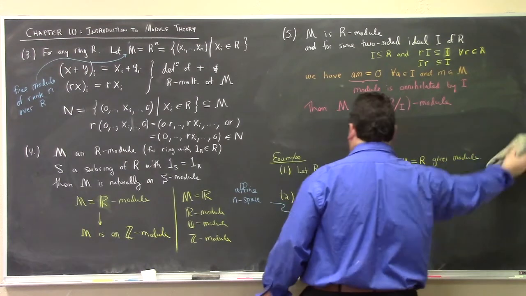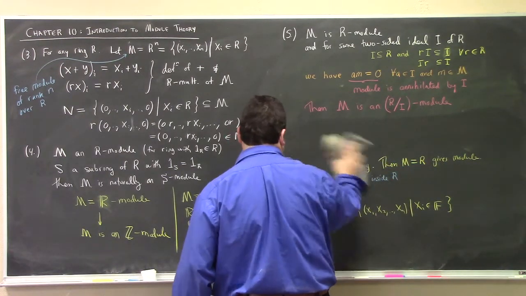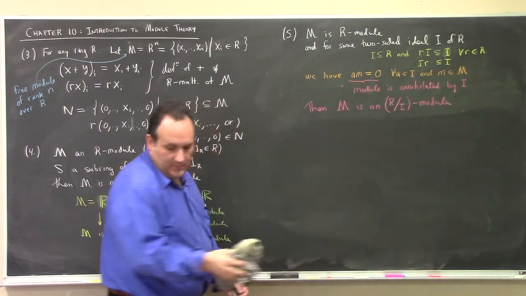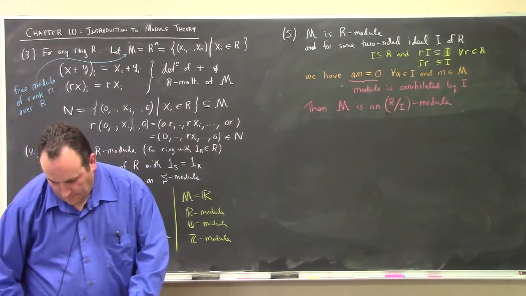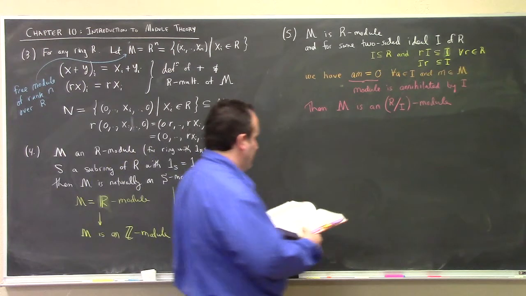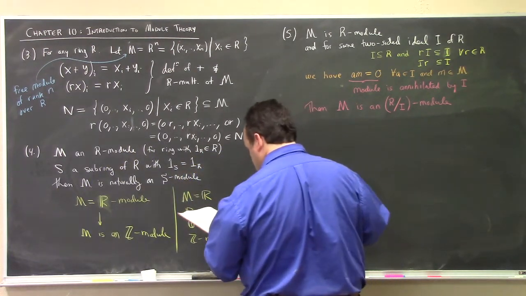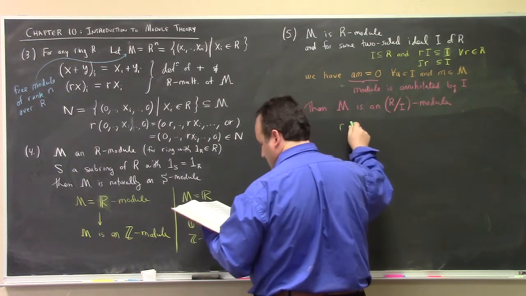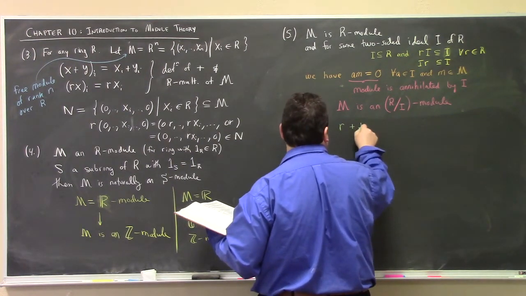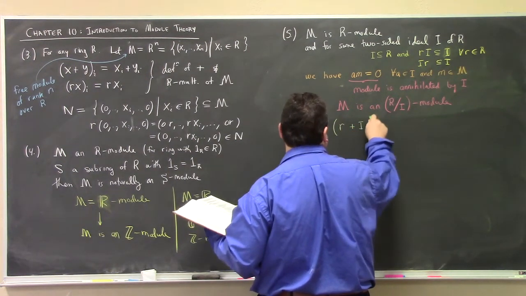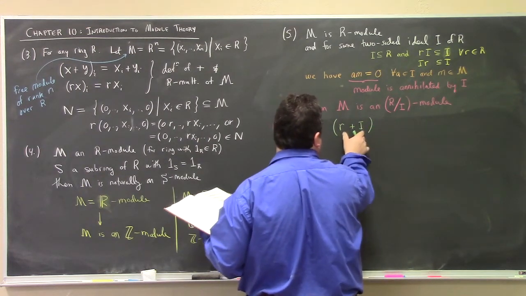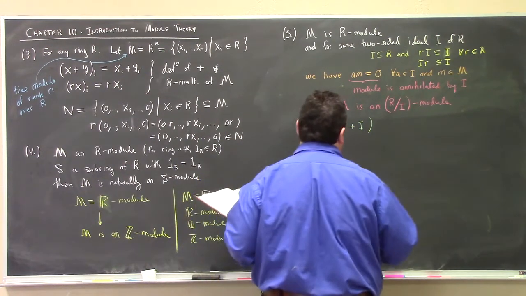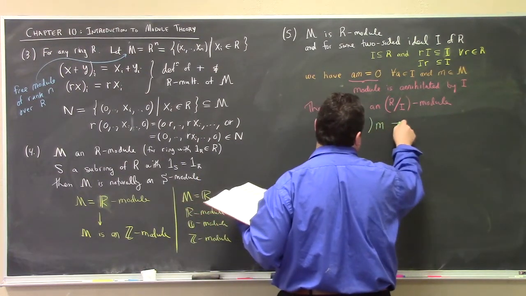So what's the rule? R plus I is a typical element of the factor ring, R by I, right? Multiply that by M, what's the rule?